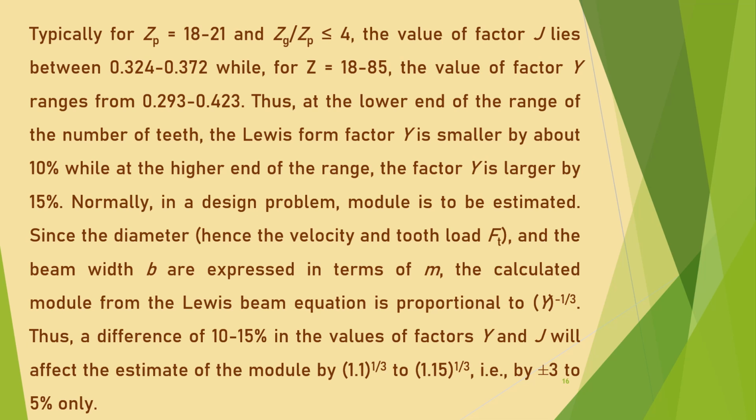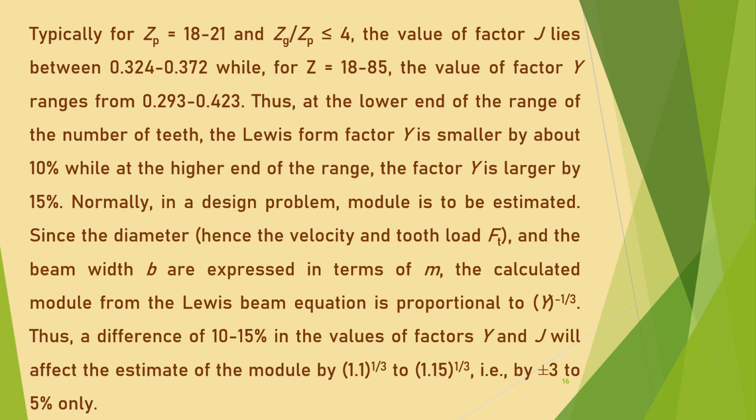Normally, in a design problem, module is to be estimated since the diameter and hence the velocity and tooth load Ft and the beam width B are expressed in terms of module m. The calculated module from the Lewis beam equation is proportional to Y to the power minus 1 by 3.